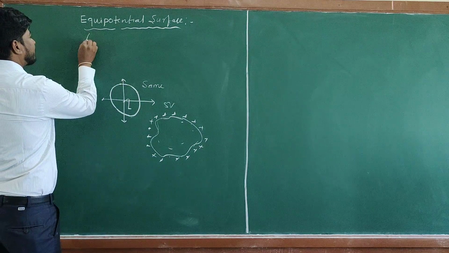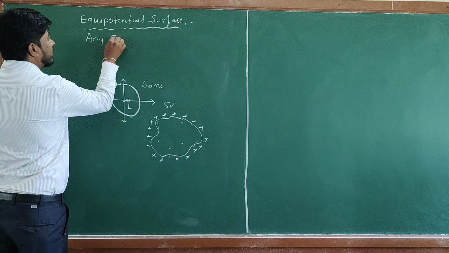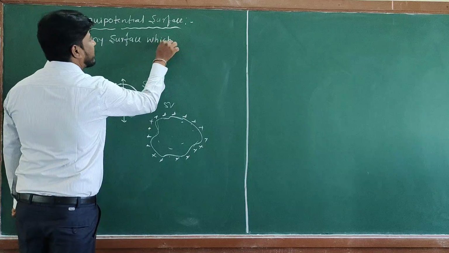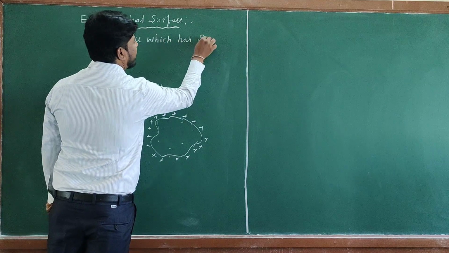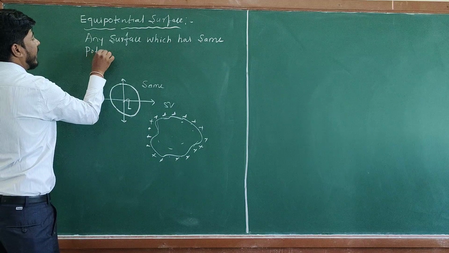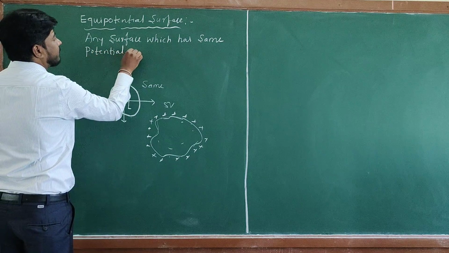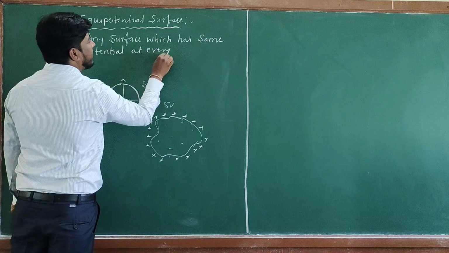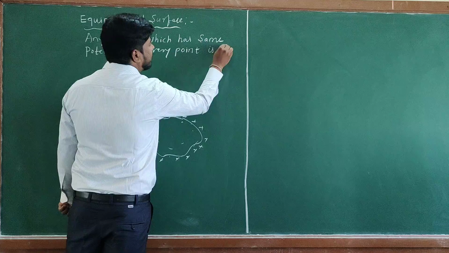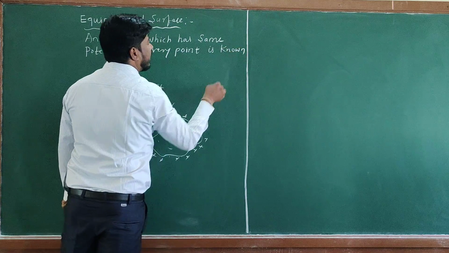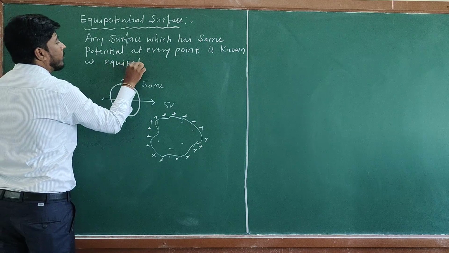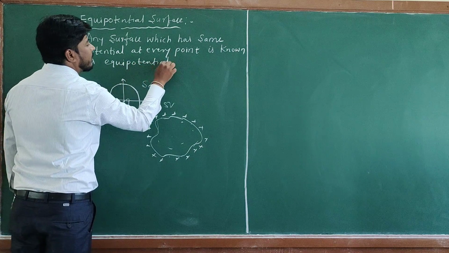I write here: any surface which has the same potential at every point is known as an equipotential surface.